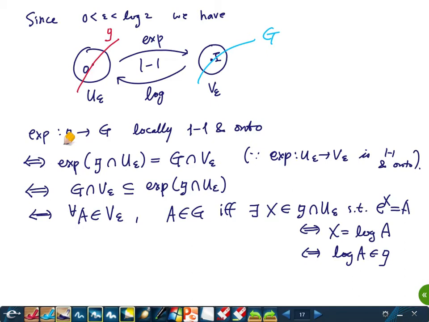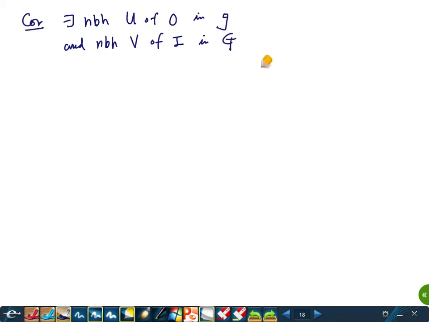So this theorem has many interesting consequences. We will see some of them. First, there exists a neighborhood U of 0 in Gothic G and a neighborhood V of I in G such that exponential from U to V is a homeomorphism.